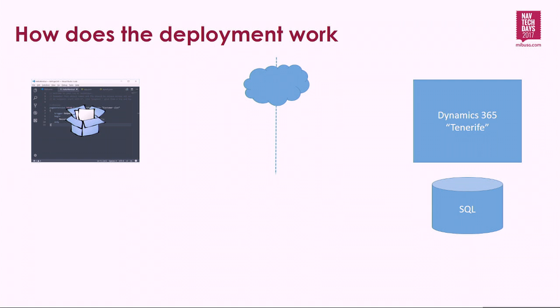And when we have done that, wrapped it in a nice package, we send it over to the service. The service then unpacks it and compiles it again, now actually creating some binary artifacts that in the end get stored in the database. And now it's actually ready to be run from the clients.